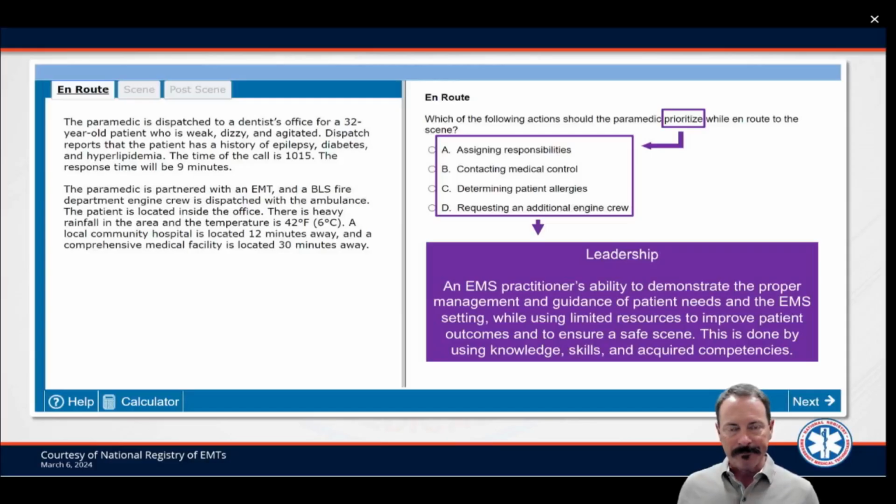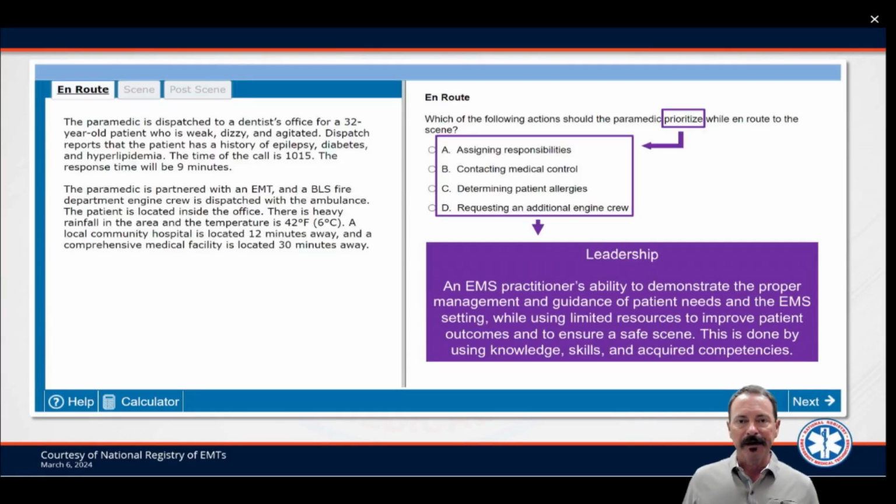Okay? So, out of that, again, the question is which of the following actions should the paramedic prioritize while en route to the scene? Okay, well, we've got assigning responsibilities. That's leadership. Contacting medical control. We're not on scene yet. Determining the patient allergies. We're not in an assessment yet. We haven't even gotten to the patient. And requesting an additional engine crew.